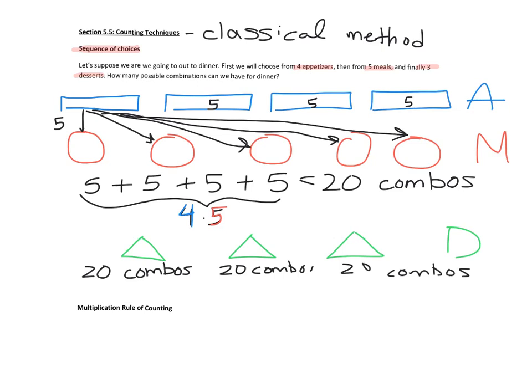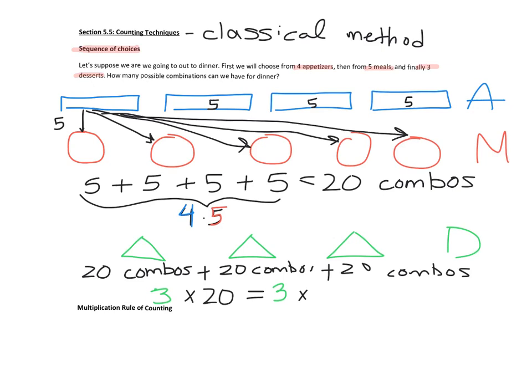So how many do we have all together? We have 60. 20 plus 20 plus 20 is 60. We saw that as 3 times 20, 3 for the number of desserts, and remember that 20 came from the 4 times 5.